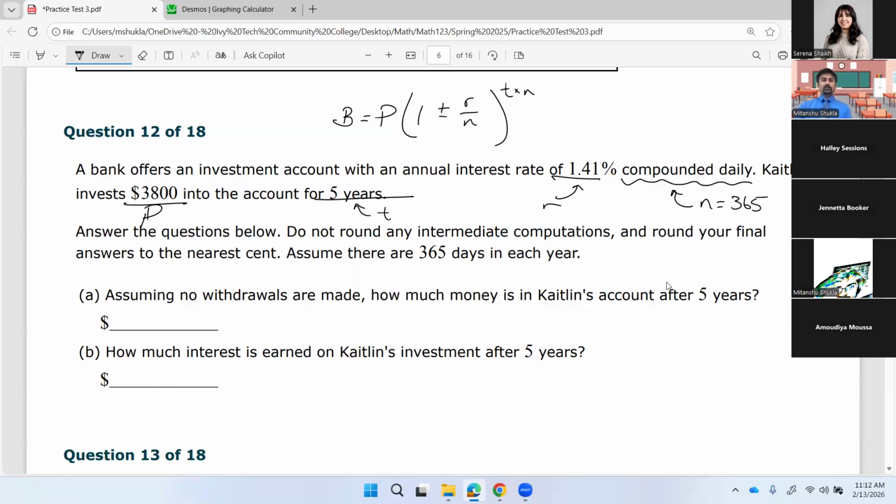So my principal is $3,800. I'm going to do 1 plus, because I hope I have more money if I'm compounding investment money, right? 0.0141 over 365, raised to the 5 years times 365.